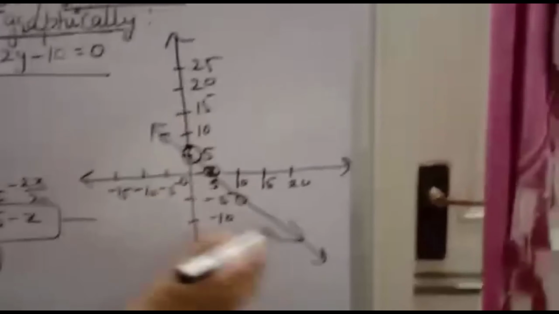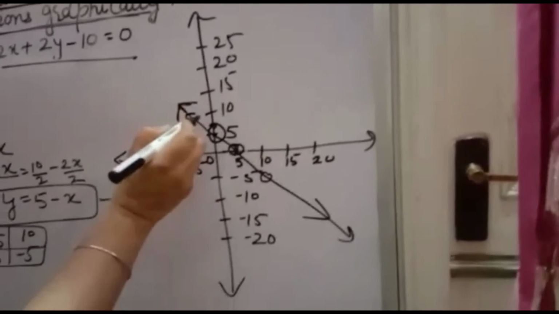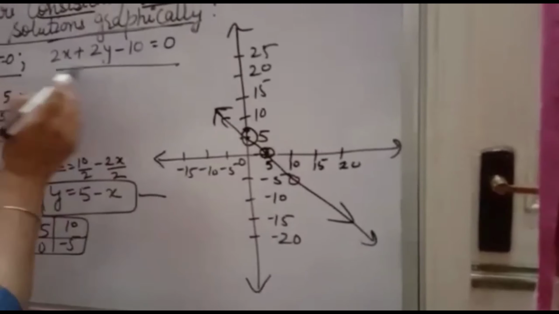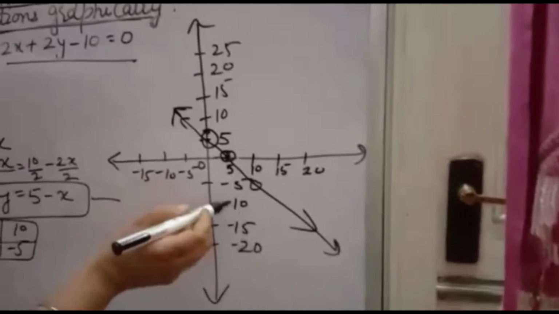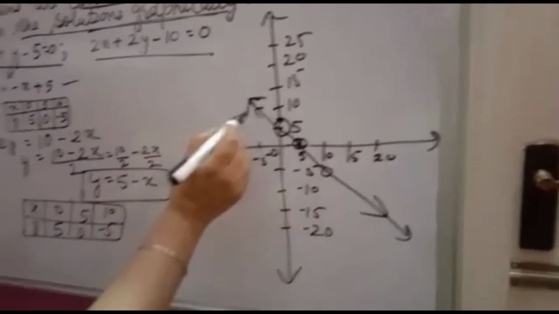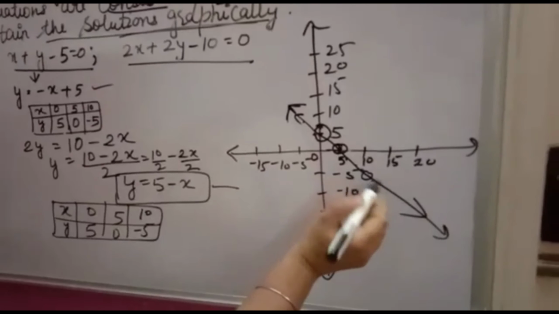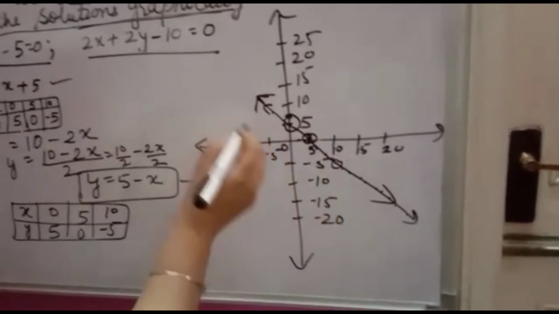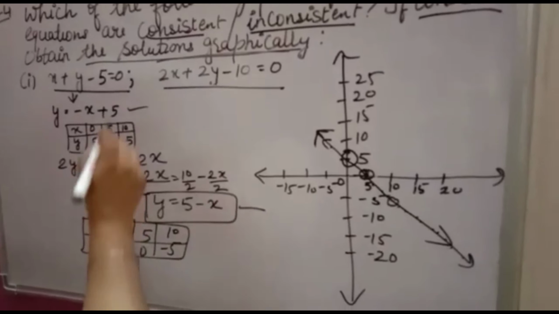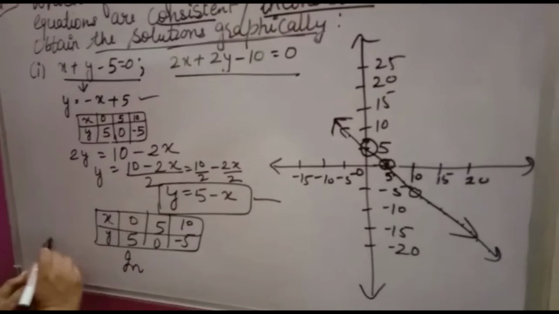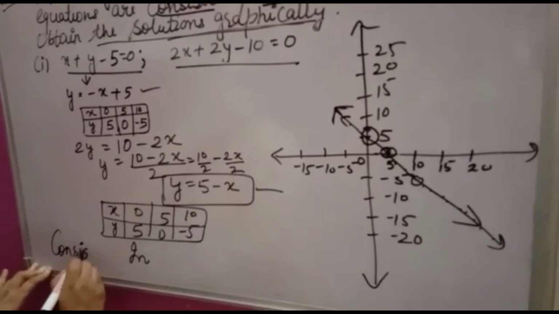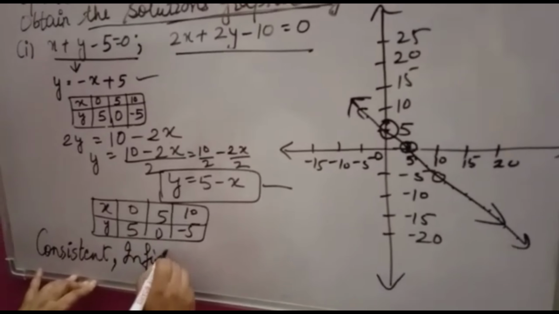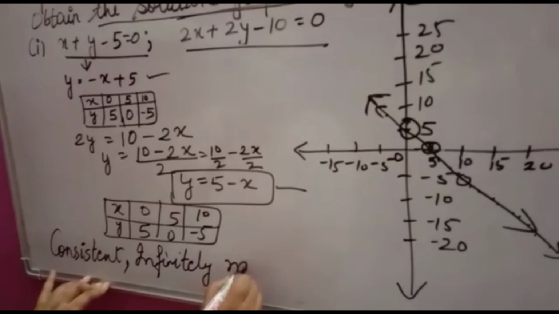So like this you can represent two lines, two graphs of the pair of linear equations. Now all the points which are lying on the line, they are the solutions for these. So firstly you will write they are consistent, answer is consistent, and solutions are infinitely many solutions.